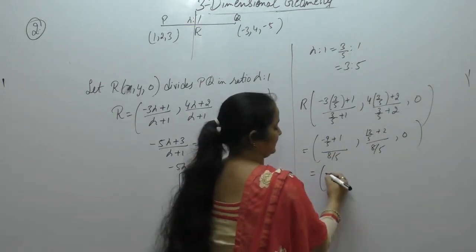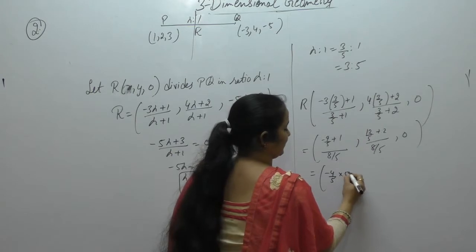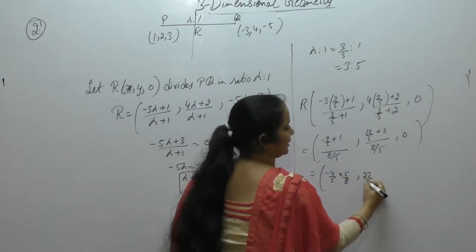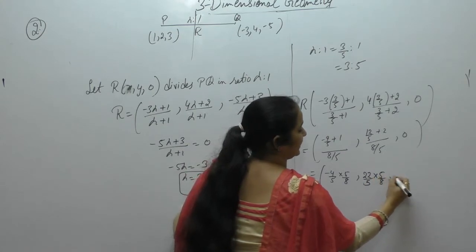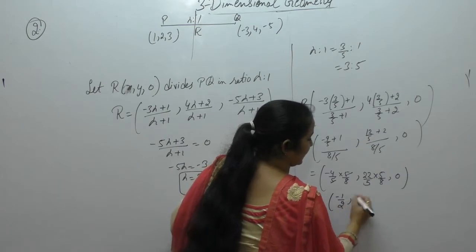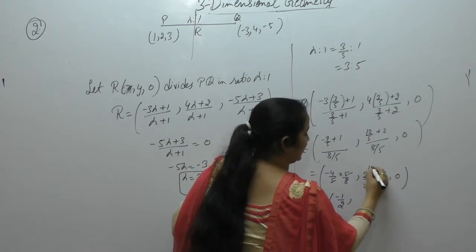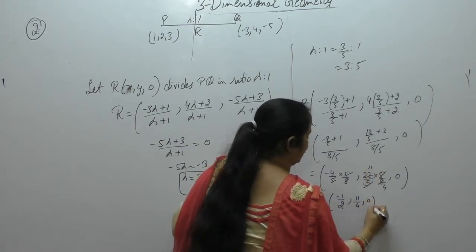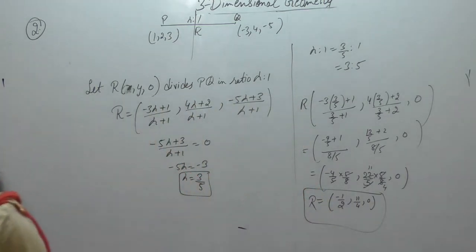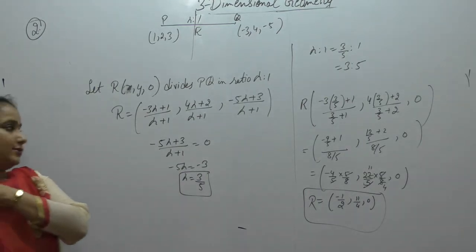Minus 9 plus 5, minus 4 by 5, 5 by 8, 12 plus 10, 22, 5 by 8, 0. So what we get, minus 1 by 2, 11 by 4 and 0. So coordinates of R are minus 1 by 2, 11 by 4 and 0.